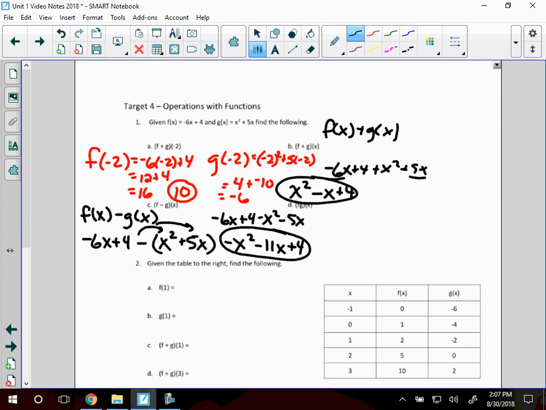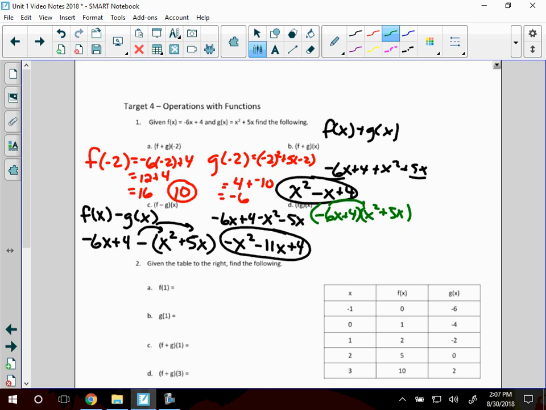For D, I am multiplying the two functions together. So I'm going to do negative 6x plus 4 times x squared plus 5x. So remember, when we're multiplying these, I call it double distributing. You might have heard your algebra teacher call it FOILing, which stands for first terms, outer terms, inner terms, last terms.